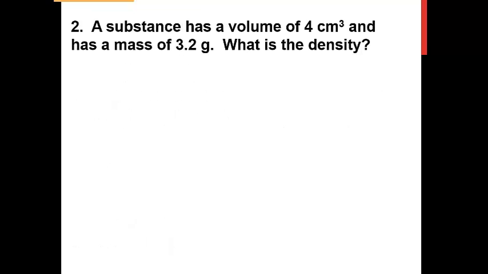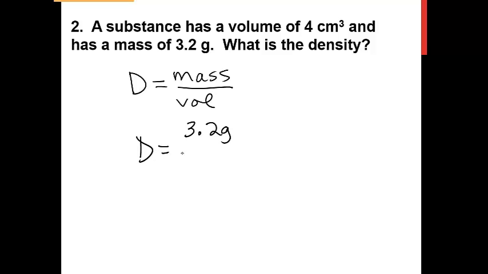Let's take a look at this example. We have a substance, we don't know what it is, but we know the volume is 4 centimeters cubed and the mass is 3.2 grams, and you're asked to calculate the density. So again, we can use our density equation. Density is mass over volume, and we know our mass is 3.2 grams. We know our volume is 4 centimeters cubed. You need to be thinking about significant digits as you do this as well.